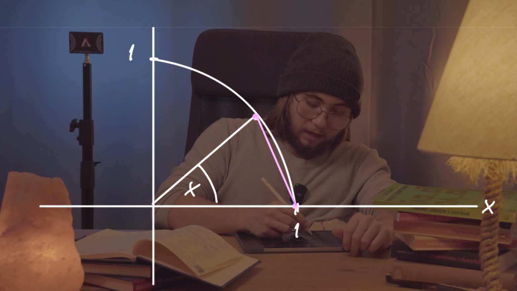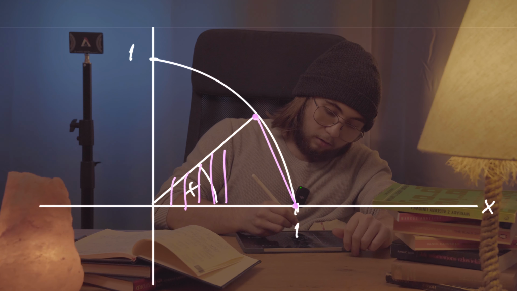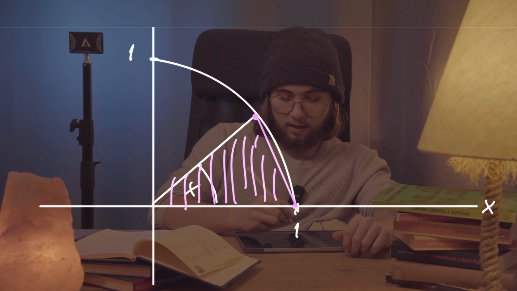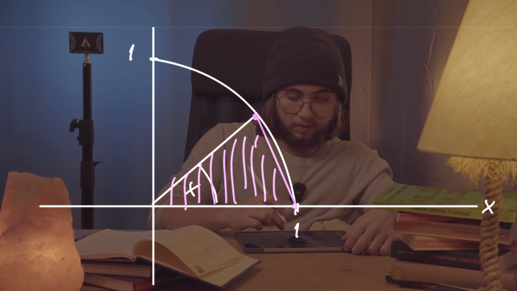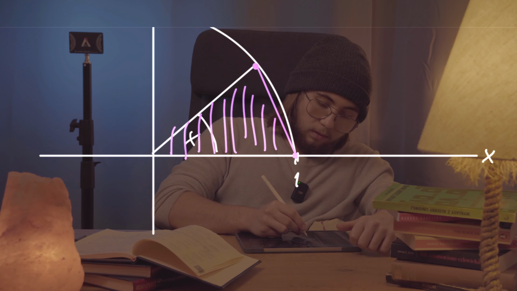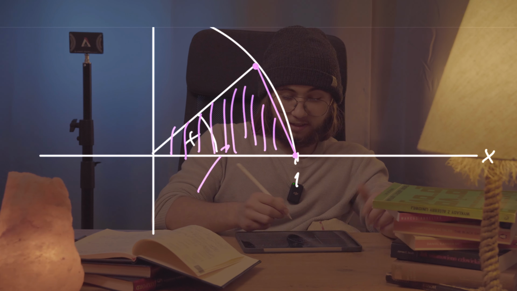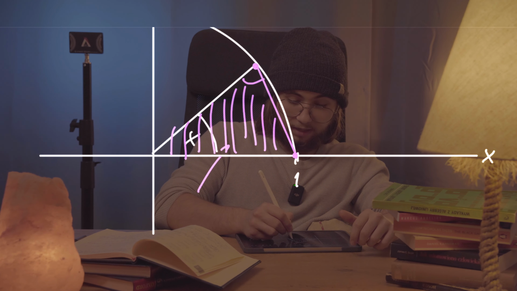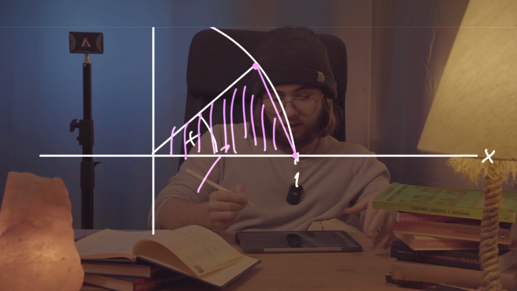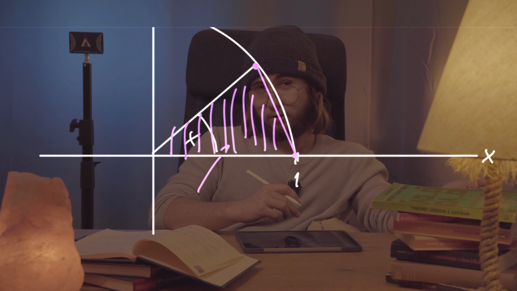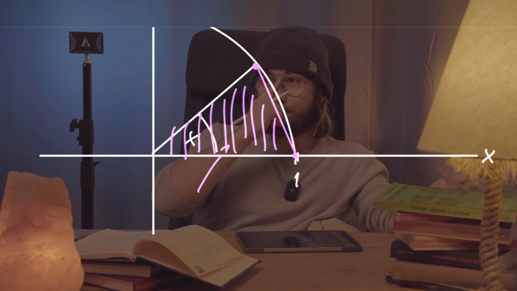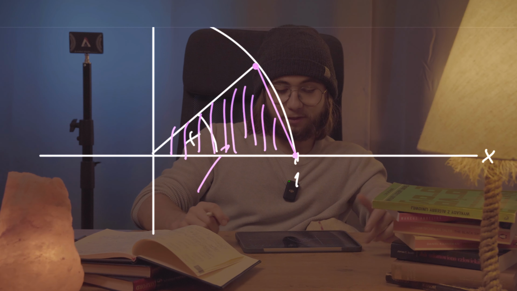And I would like to calculate the area of this triangle I have right over there. Well, I don't really have a height or a base here, because there's no right angle in the triangle. So I will have to use a trigonometric formula for the area of the triangle.